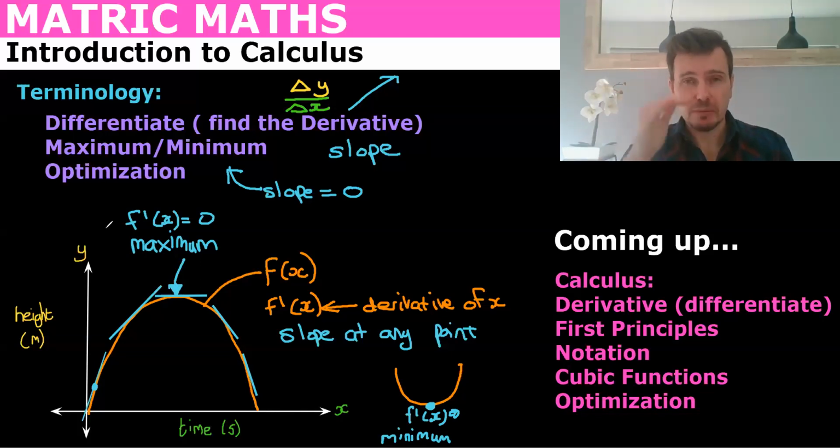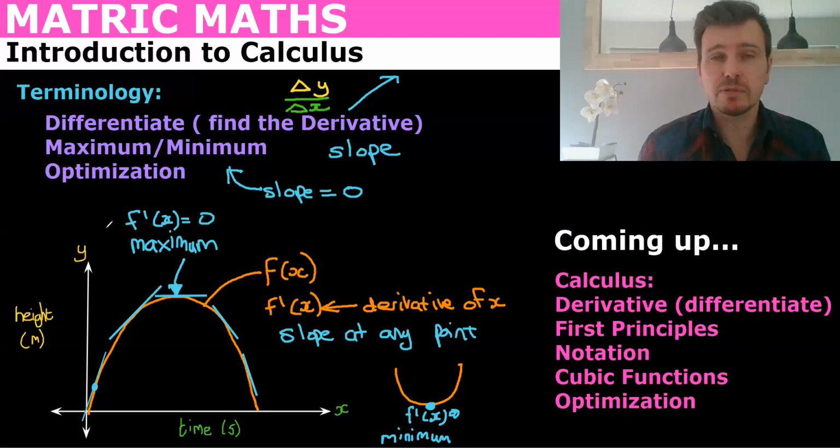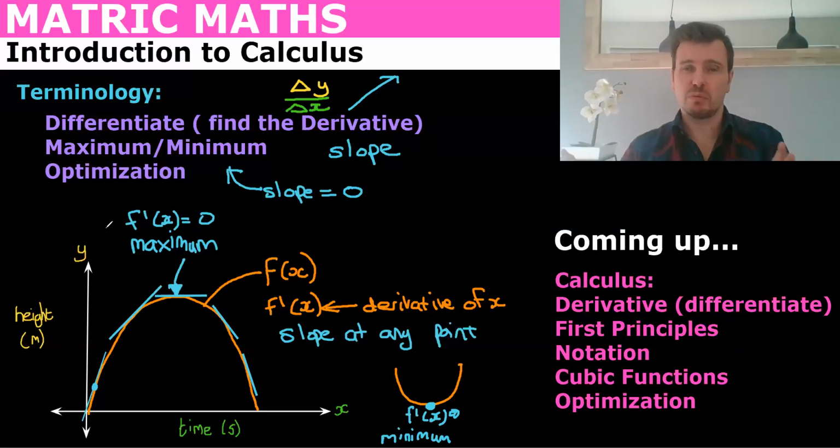If I wanted to keep the costs down, I would want to optimize the costs. I would actually be finding the minimum because I want to minimize the costs. And so optimization is just find the maximum or minimum. So when you hear optimization, don't worry too much. Just think find the minimum, okay, or the maximum. How do I find the minimum or the maximum? I make the derivative equal to 0.